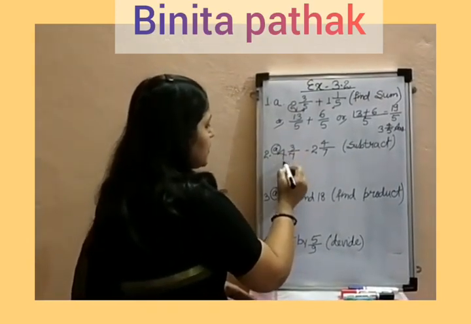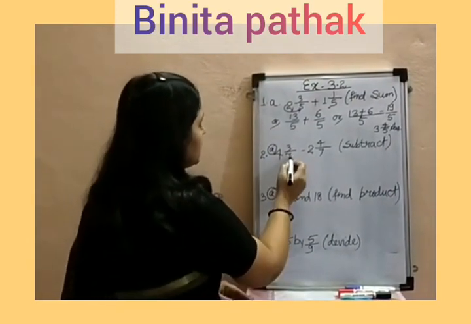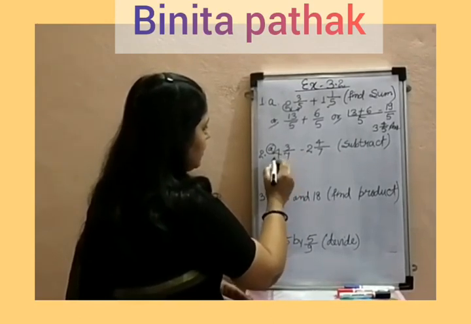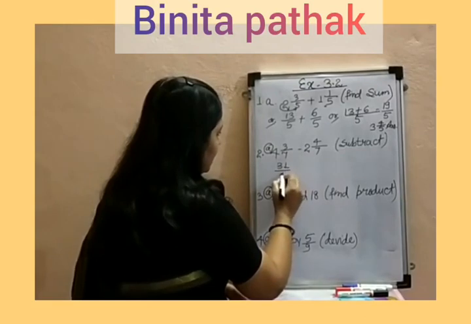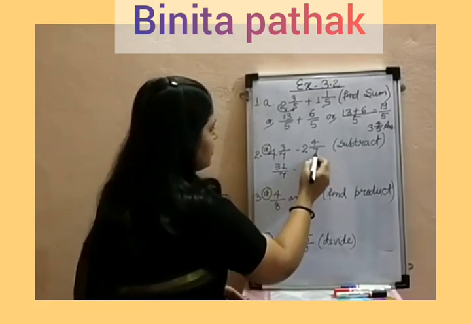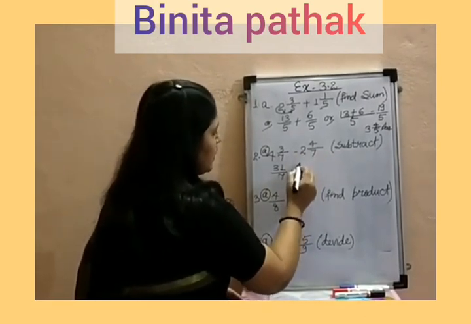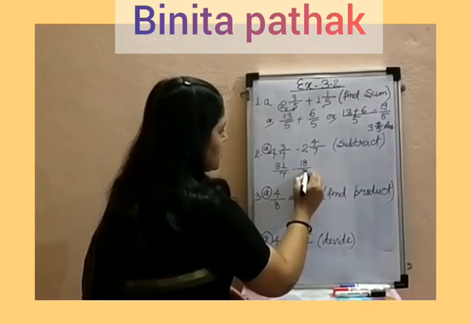Now question number 2, subtract. I need to convert it into improper fraction. 7 4s are 28, 28 and 3, 31 upon 7. 7 2s are 14, 14 and 4, 18 upon 7.